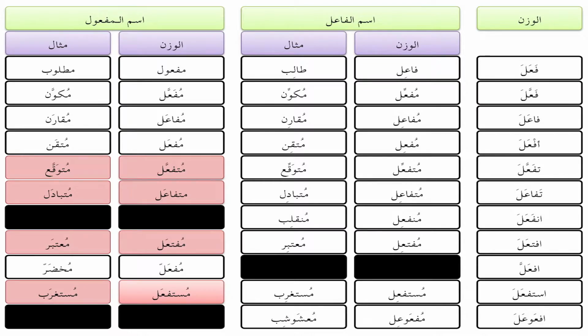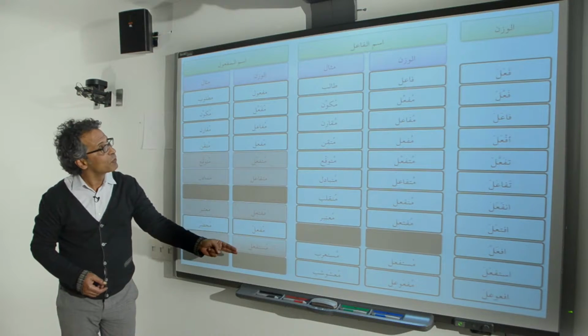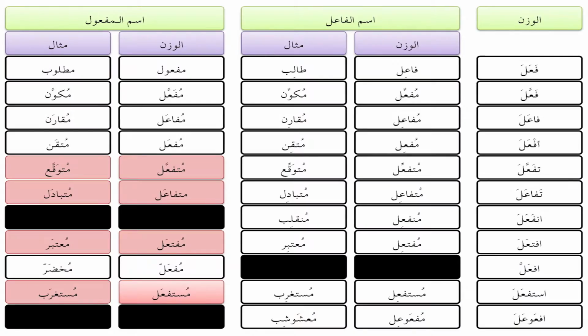You will notice that the kasra here, except for the first one, marks most of them, and الفتحة marks most of اسم المفعول on العين. That's what distinguishes them. Also, you're going to see that we have different colors in the chart.